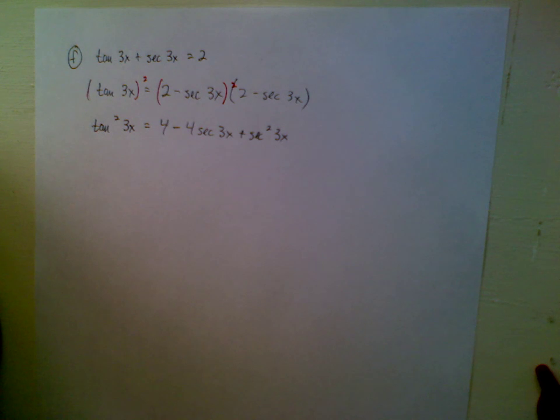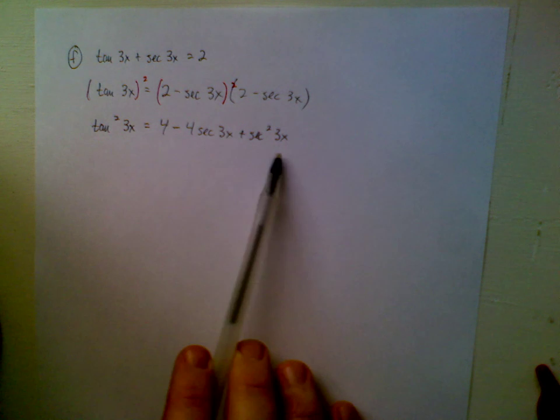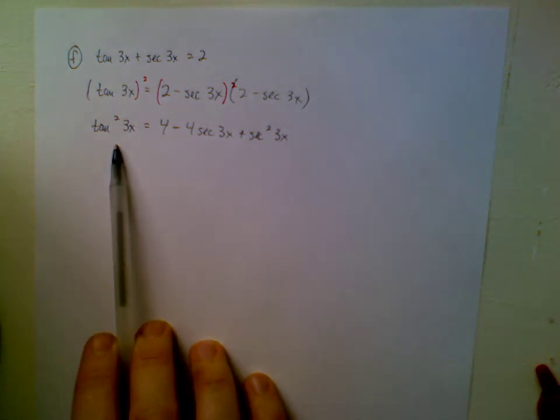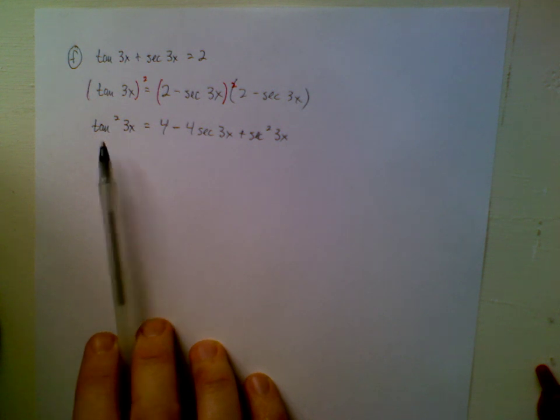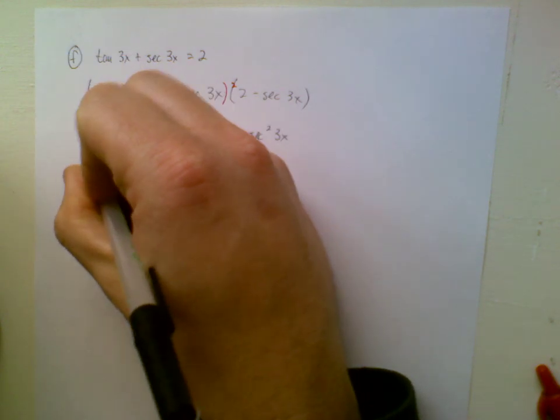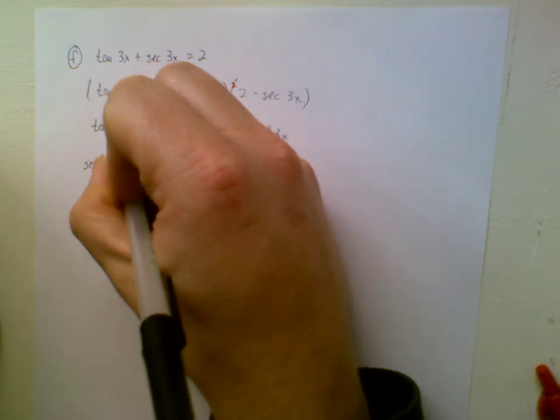Anyway, all right. So now you see the right-hand side is all in terms of secants and secant squareds. The left-hand side is not, but I can fix that pretty easily, right? Because I know that tangent squared is the same as secant squared minus 1. So now I can just call this guy secant squared 3x minus 1.